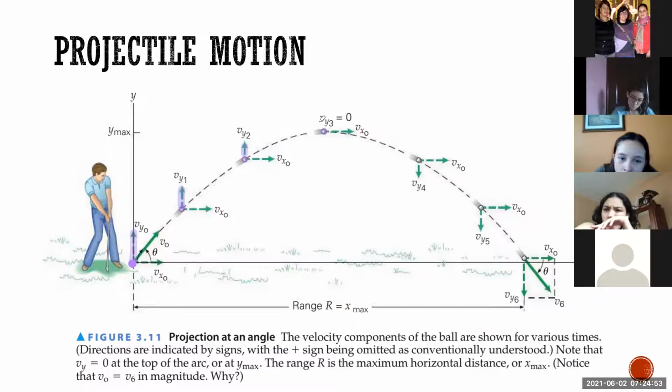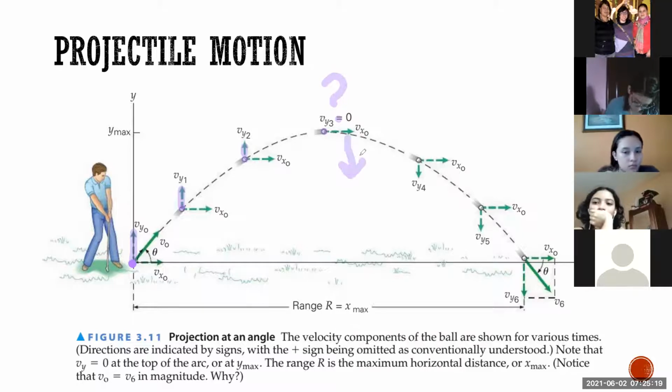nothing. Okay? The reason is because at this point, the object stops moving in the y-axis for a fraction of a second. When you throw an object in the air, as I told you, for a fraction of a second, the object stops moving. And then it begins moving down.